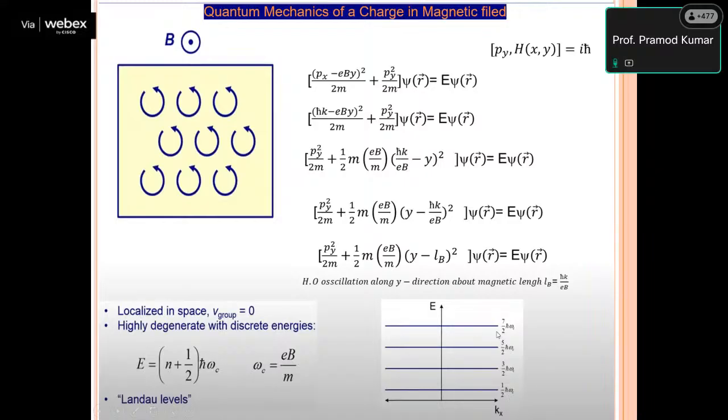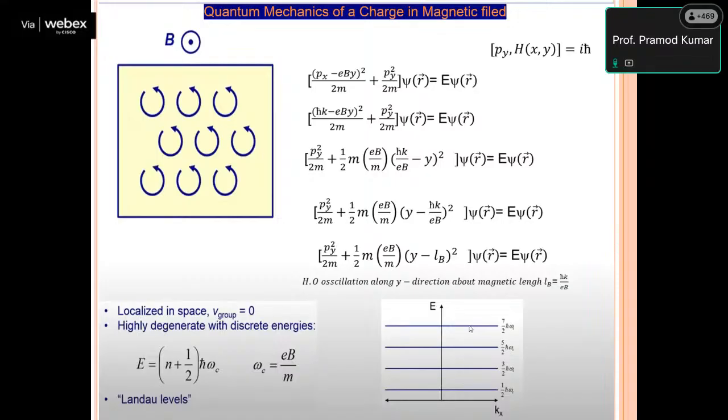If you plot this for 1, 2, 3, 4, in an E versus k graph, energy versus wave vector plot, you can see we are getting energy levels which are equally spaced. These energy levels are known as Landau energy levels, named after the scientist who discovered this.